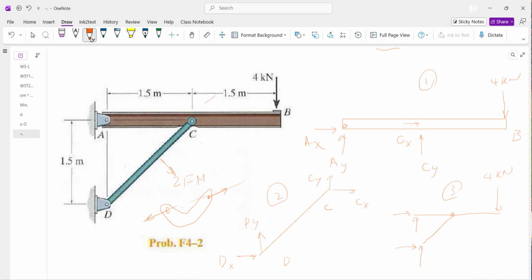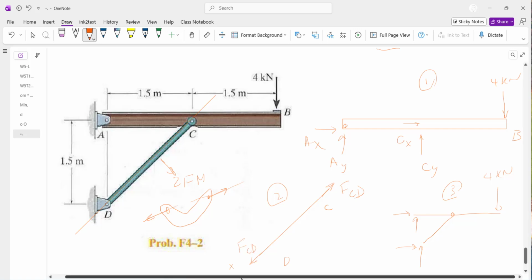With this one, the line of action will be like this, and that is telling me, look, this free body diagram, go back and fix it. So instead of putting two reactions here, the way to solve this is to assume FCD in the axis of CD, and FCD like this in that axis, right? All right.